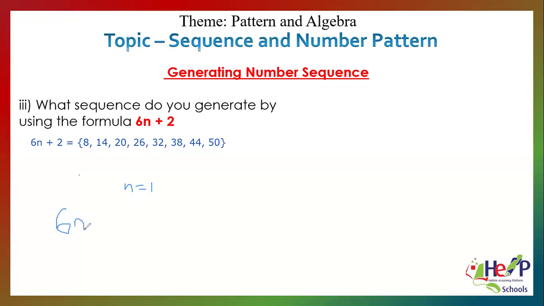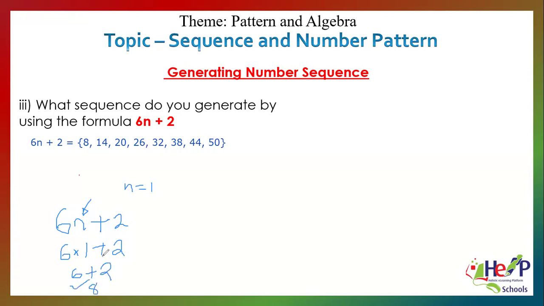So they come to 6n plus 2, where there is n, they are going to replace it with 1. So this becomes 6 times 1 plus 2. So this becomes 6 plus 2 to give us 8.